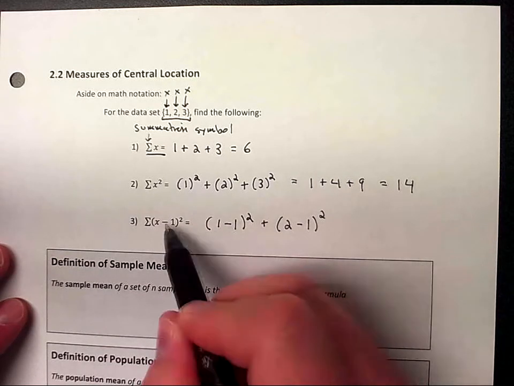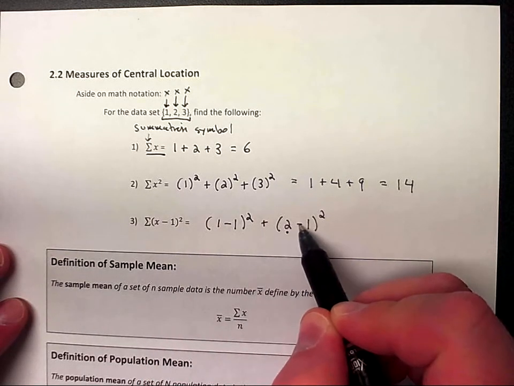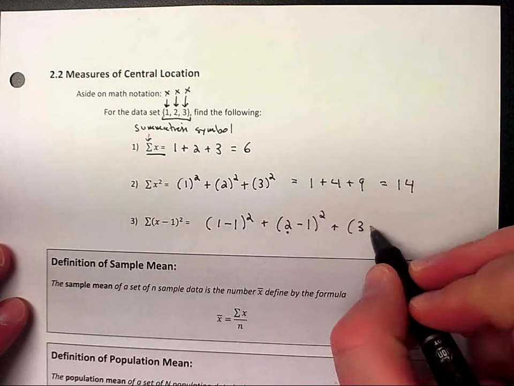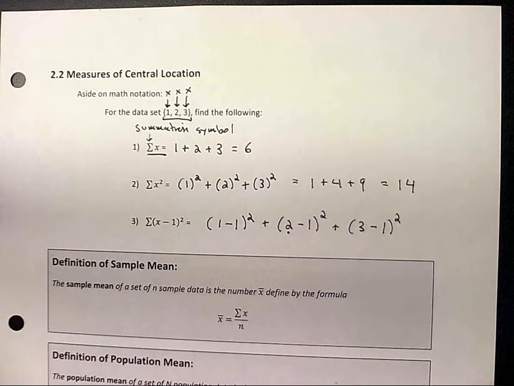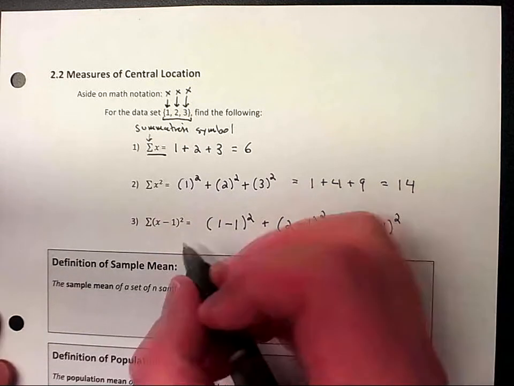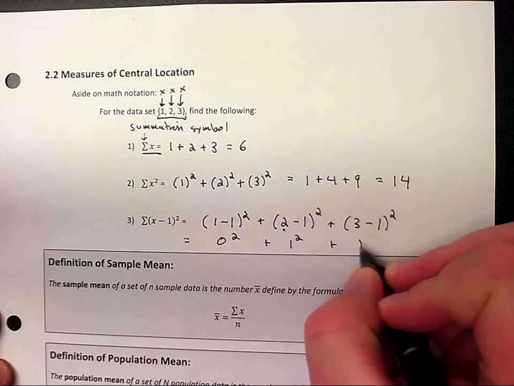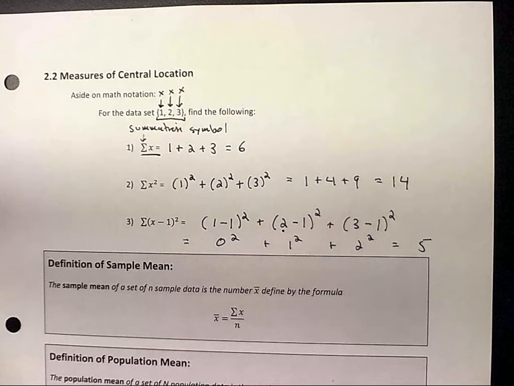Our first x value minus 1 and then squared, and our second x value minus 1 and squared, and then our third x value minus 1 and squared, and then we're going to add all these things together. Is this making sense to everybody? All right, and if we do this, it's going to become 0 squared plus 1 squared plus 2 squared, which I think everybody will agree is the number 5.